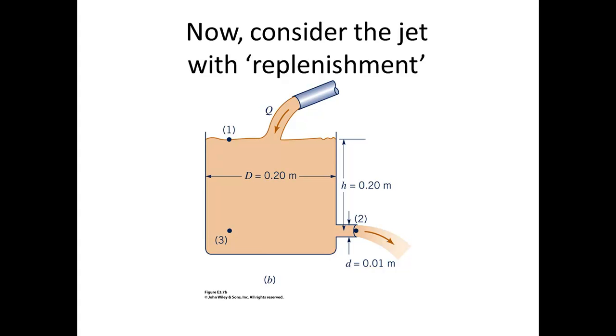If you think about it, you're simply going to add in, to what you had in the free jet, the condition that the flow rate coming in equals the flow rate out. That's it. There's nothing up my sleeve. There's just one more relationship, that continuity equation.